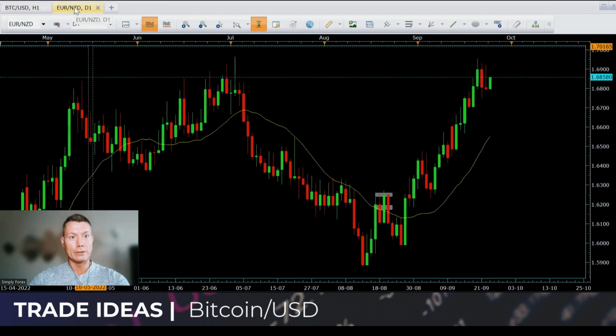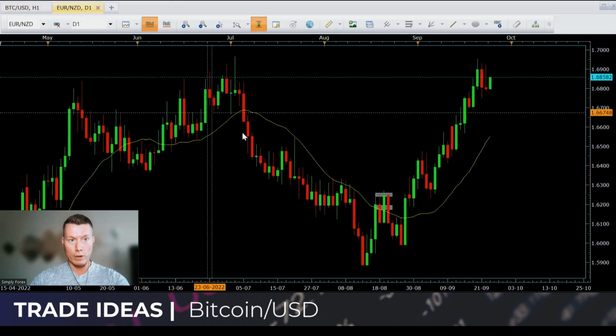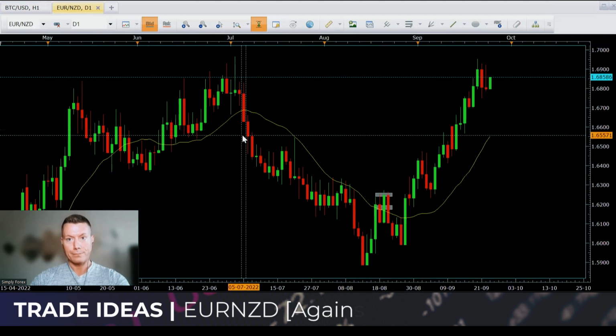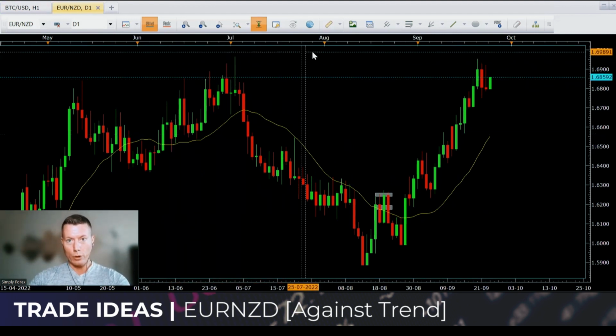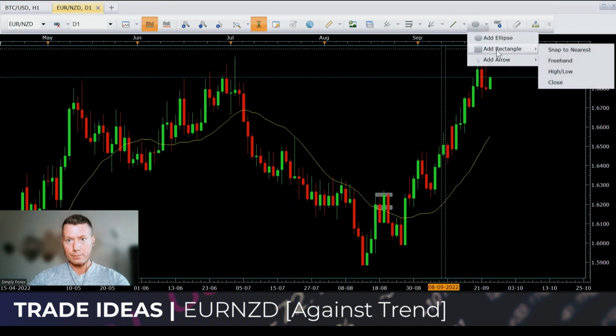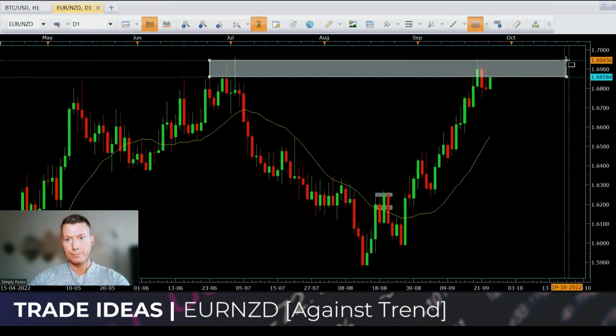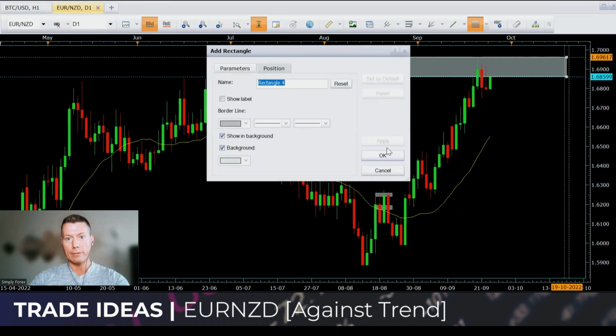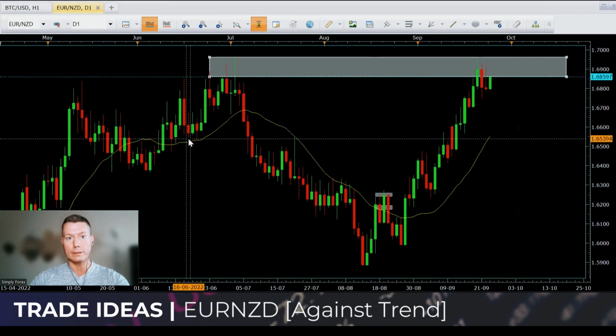The second trade idea is this, the euro against the New Zealand dollar. And this is an against trend trade, an ATT, as we coined the phrase. Obviously, guys, this grey zone is a key area of resistance.